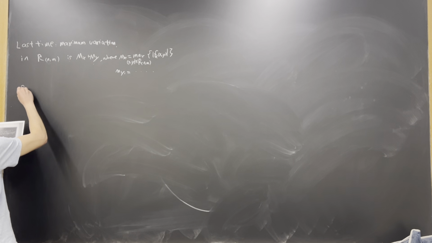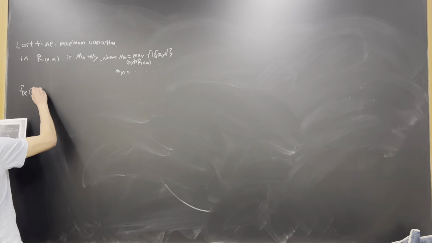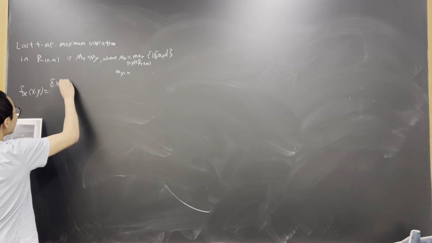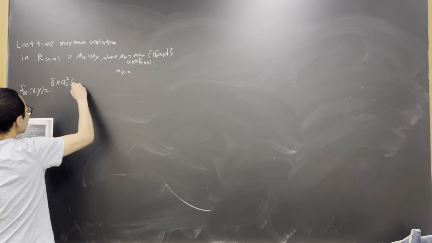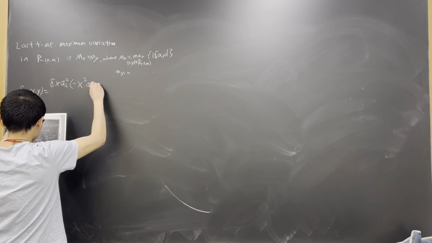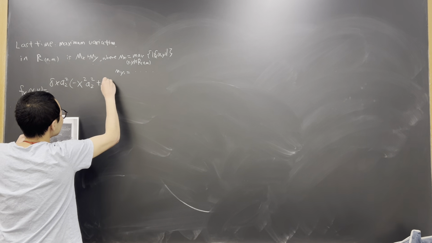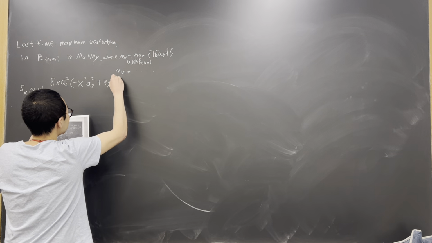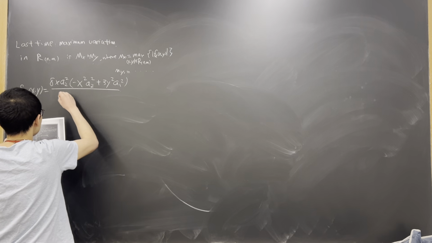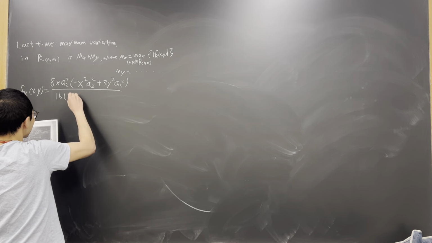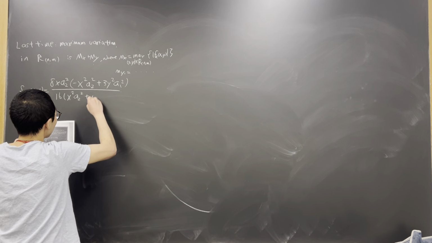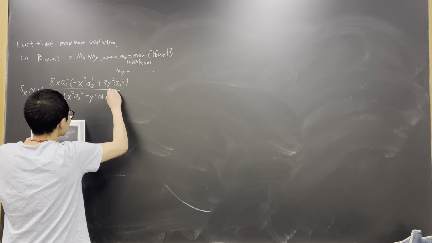Let me write out this one. 8x a2 squared times negative x squared a2 squared plus 3y squared a1 squared, over 16 times x squared a2 squared plus y squared a1 squared, cubed.